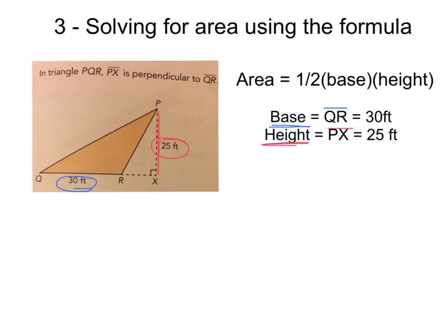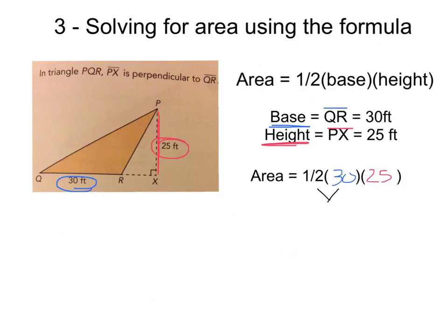So now we want to plug that into our formula, which is right here. And we know that 1/2 of our base, which we know is 30 feet, and we are going to multiply that by our height, which is 25 feet. Now, all we need to do is just use our order of operations, and we can multiply these in any order, especially from left to right.